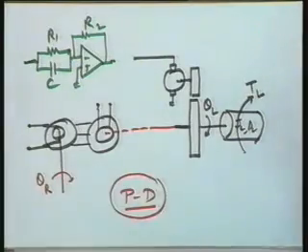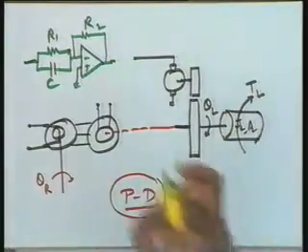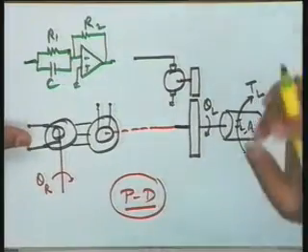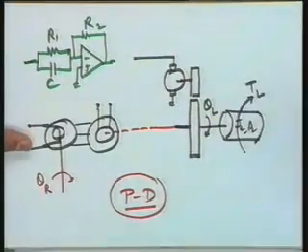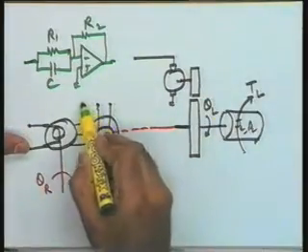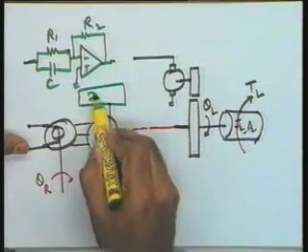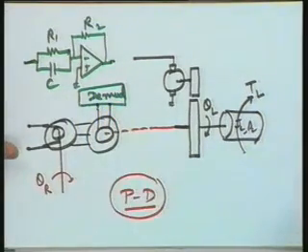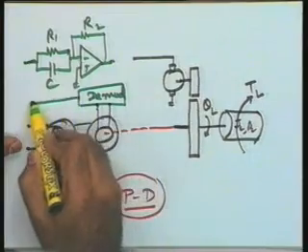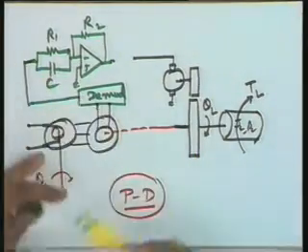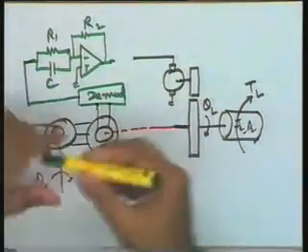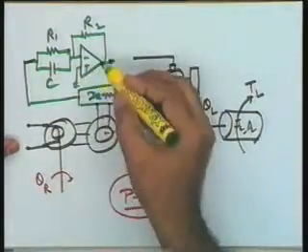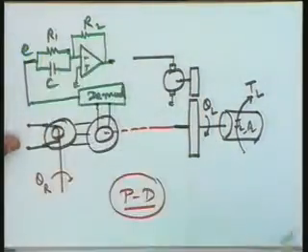But if derivative action is required, the derivative has to be taken on the information signal. So it is necessary that you first extract that envelope, and for that you will require a demodulator here, so that the envelope is the input to this PD circuit, and the output at this point is proportional to the signal E and the derivative of this signal.